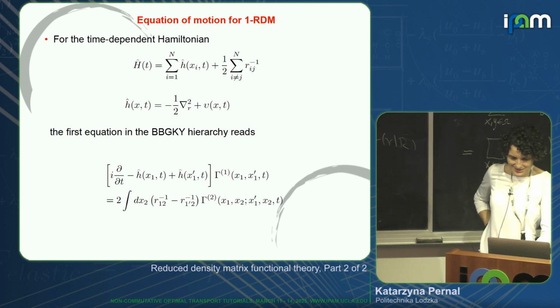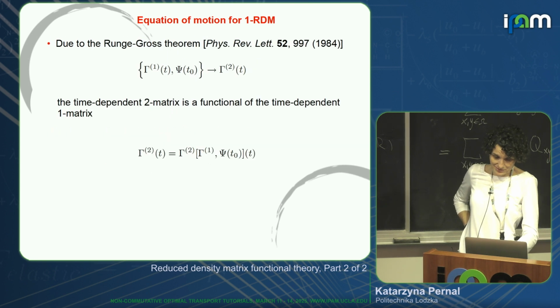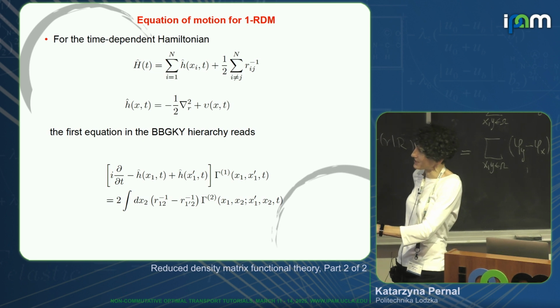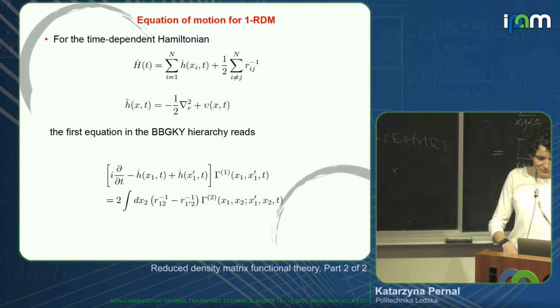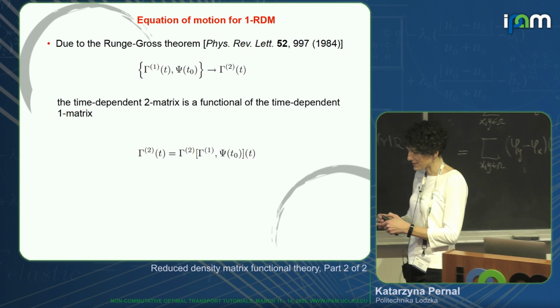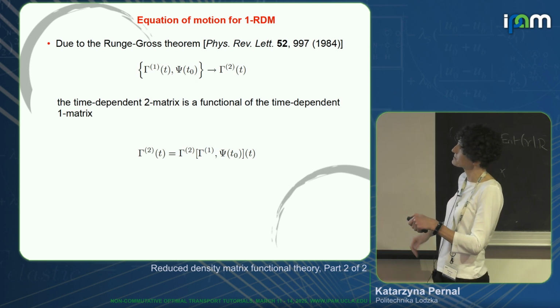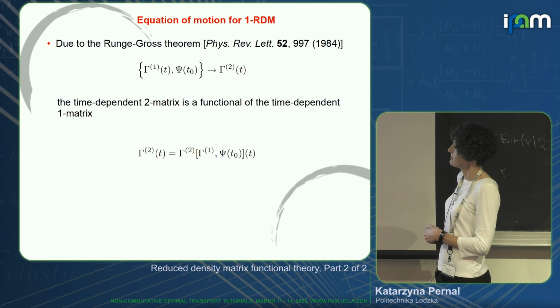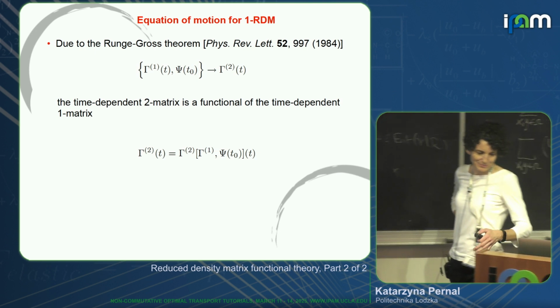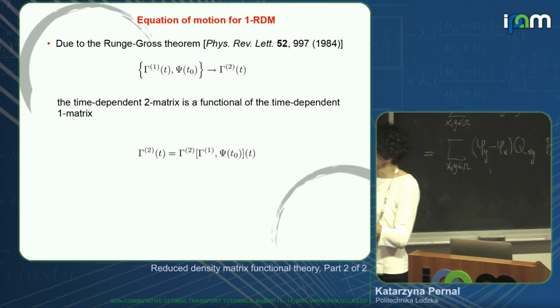Because we want to get rid, maybe not to get rid, but we don't know this two RDM. So we have truncated the hierarchy already after the first equation, but we can now recall that there is something like a Runge-Gross theorem, and we use this theorem to prove, the proof will be on the next slide, it's very trivial, it's like a pseudo-proof, that there is this mapping.